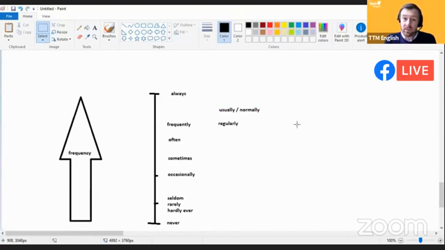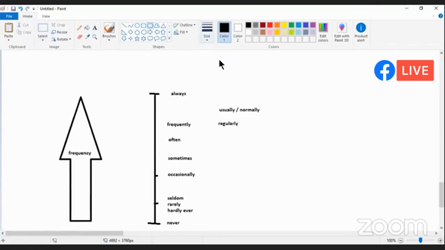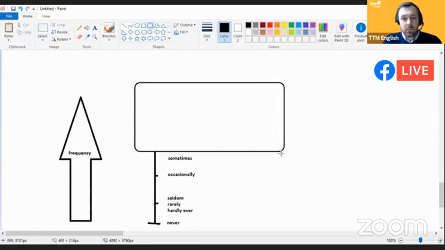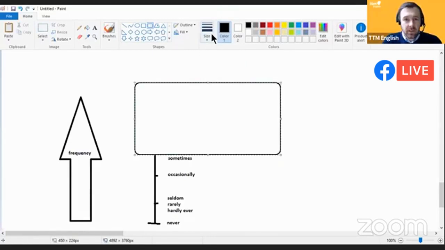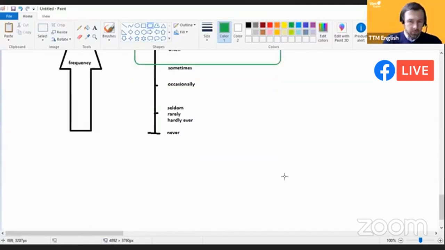But when I do, I peel it with my left hand. So you've got to be careful with those things, but definitely think of these words here as being more positive, and these ones here as being more negative. Sorry, let me move this up here.